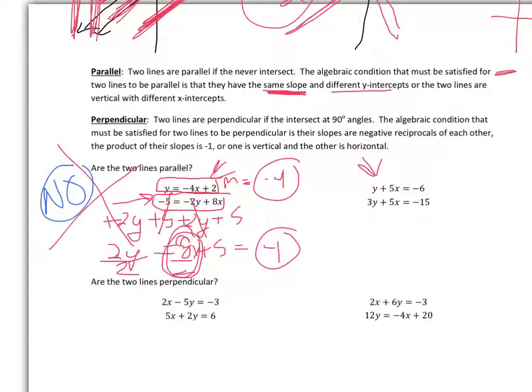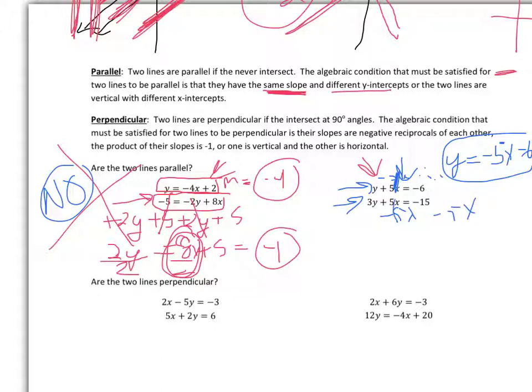Now, determining whether these two lines are parallel, we need to find their slope. So finding the slope of the first one, we get it in slope-intercept form. So we subtract 5x, and the 5x's over here cancel. So you have y equals -5x minus 6. Okay, so the slope of that line is -5. To determine what the slope of this line is, we need to solve for y, so subtract 5x.